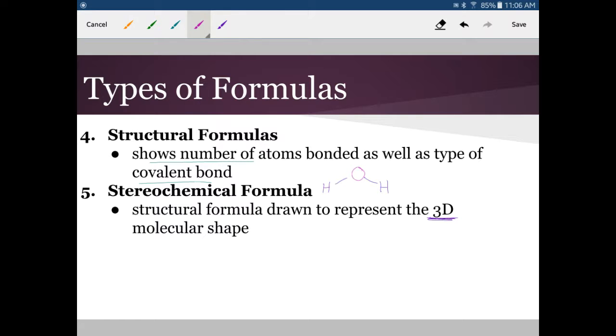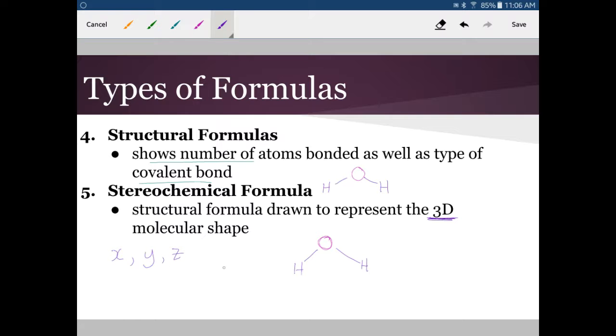Now the stereochemical formula is a 3-dimensional representation of the molecular shape. If I look at an example such as water again, this example is actually the same as our structural formula because our water molecule exists in what you can think of as 2 dimensions. We think of the 3 dimensions as x, y, and z.